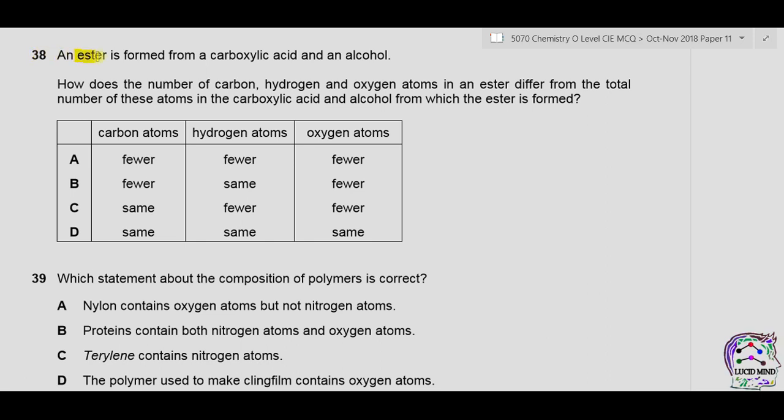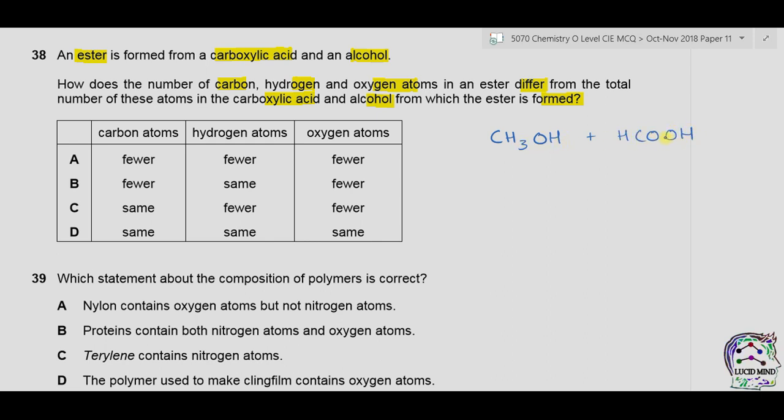Question 38. An ester is formed from a carboxylic acid and an alcohol. How does the number of carbon, hydrogen and oxygen atoms in an ester differ from the total number of these atoms in the carboxylic acid and alcohol from which the ester is formed? We can take a simple example. For example, we have a one carbon alcohol, which is methanol, CH3OH, and a one carbon carboxylic acid, which is HCOOH.